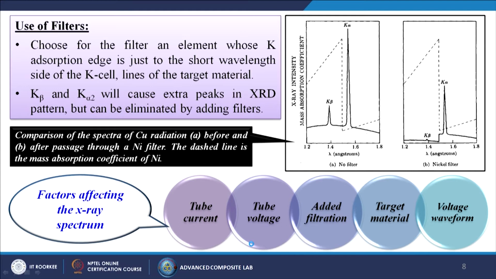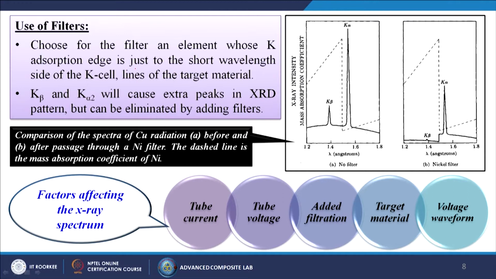Use of filters. Now we will discuss the filters. In this case we are getting many peaks, but some peaks are due to temperature, some are due to material characteristics, and some are due to the different radiations. So we use certain kinds of filters to get the actual crystal structure information of that particular material.